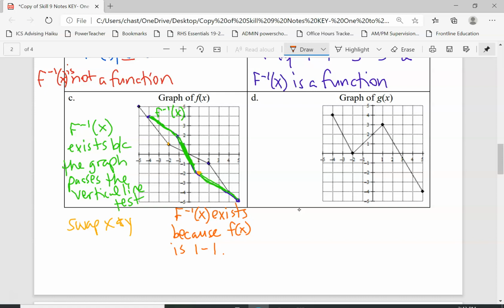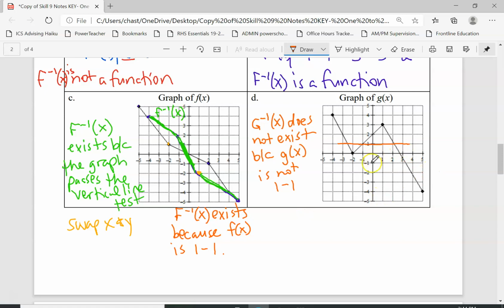For the graph of g of x, looking at g of x, I can clearly see there are times when the horizontal line test fails. So we would say that g inverse of x does not exist because g of x is not 1 to 1.